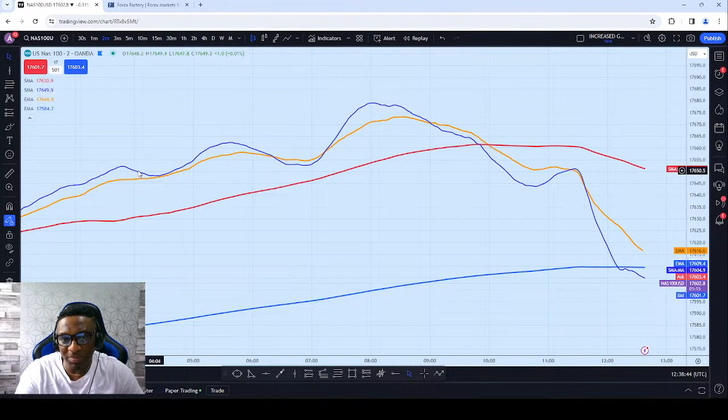The blue line we see is where price is at, and the blue line is a zone. It's not this tiny or slim line we see on the chart. It's a zone.